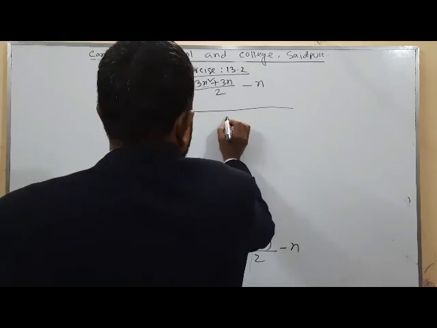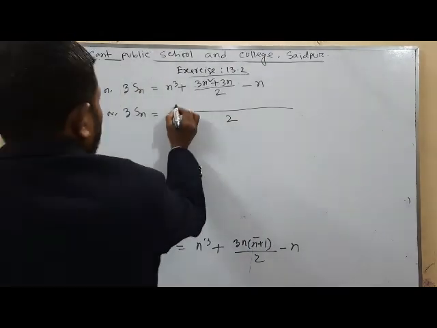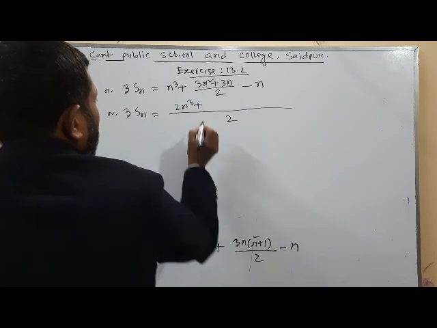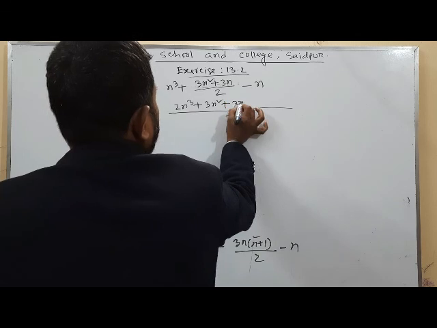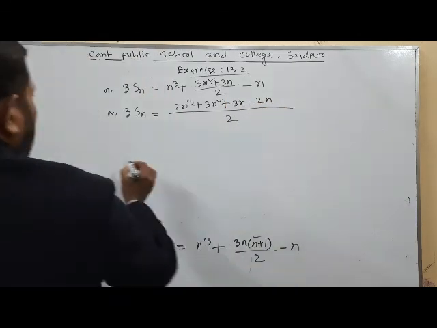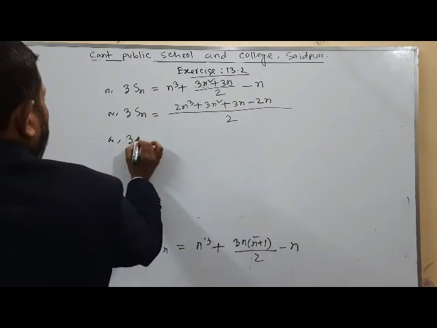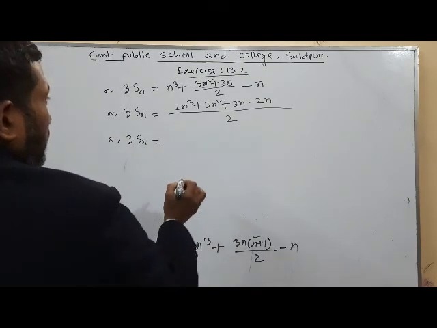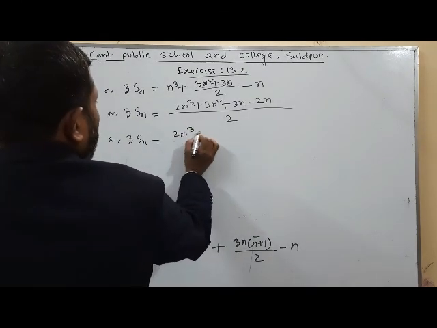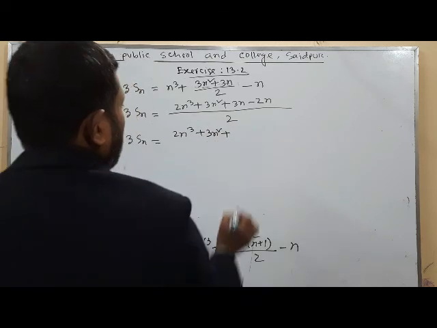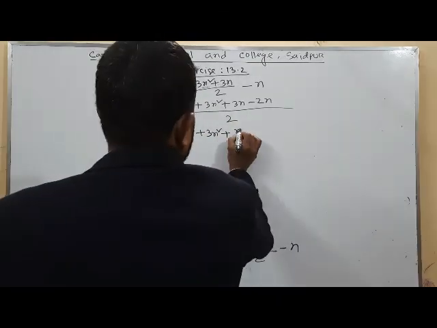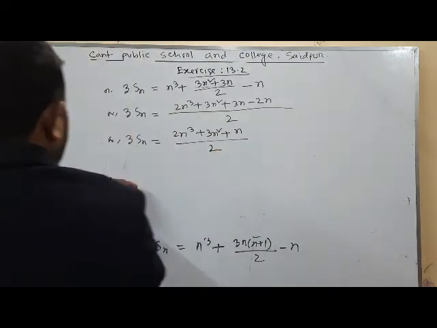If we do LCM, then we get here 2n cube plus 3n square plus 3n minus 2n, or 3Sn is 2n cube plus 3n square plus n divided by 2.